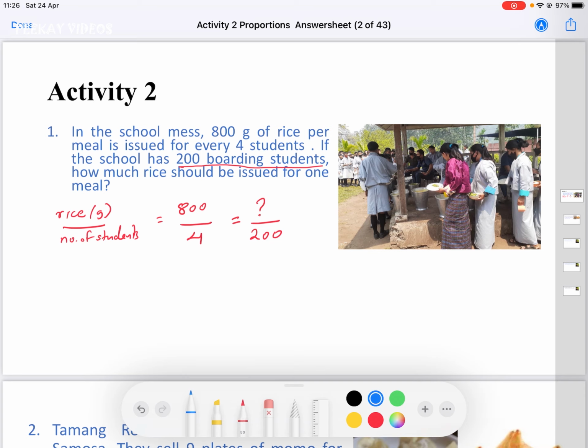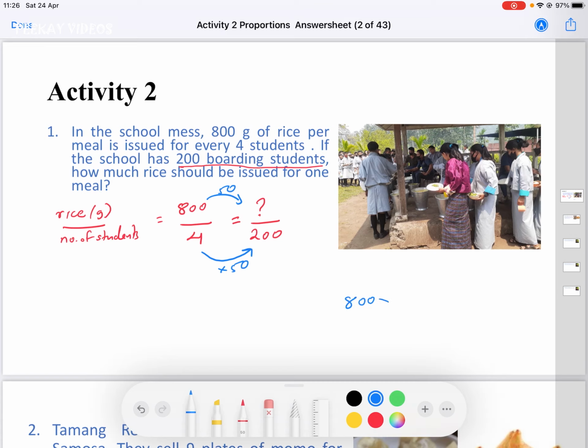Here, we can see the scale factor 4 times 50 is 200. Therefore, 800 times 50 is how much rice they have to be issued.